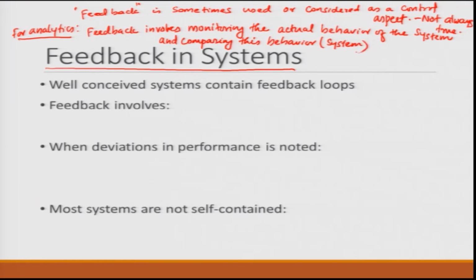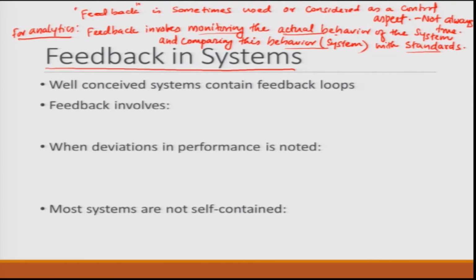This behavior of the system is compared with standards. If you have a standard or an expectation that the system should behave in a particular fashion, then we monitor the actual behavior of the system, and the current observed behavior is compared with the standard to see how the system is working.